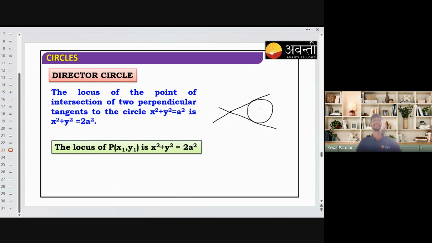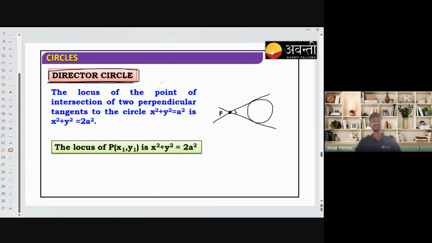These two, right, guys? Now, if the angle between the tangents is 90 degrees, then the locus of this point, that is P, will be the director circle.